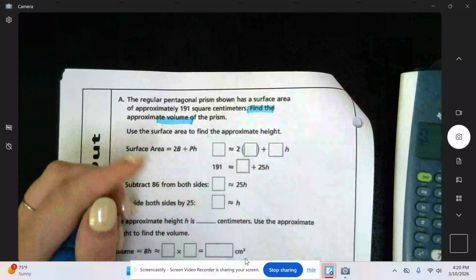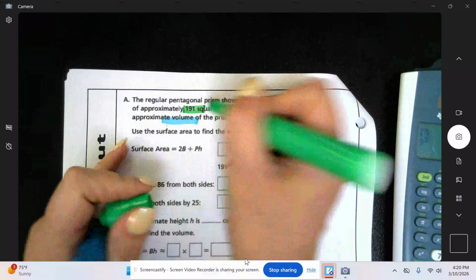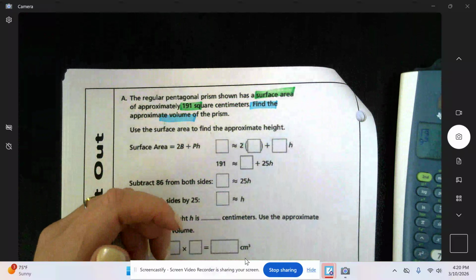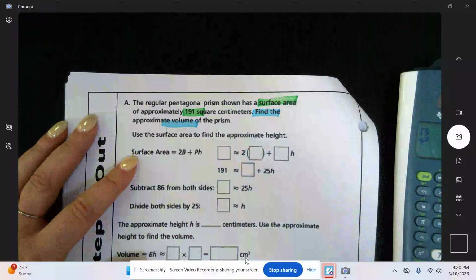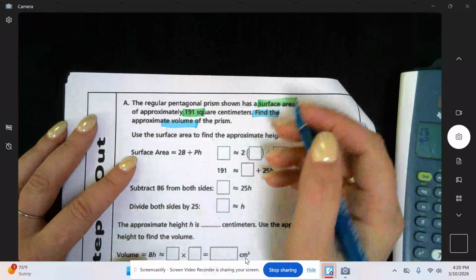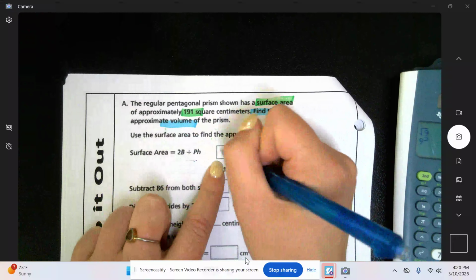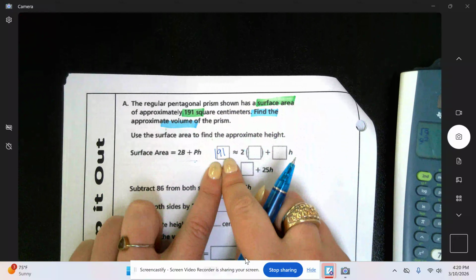The key information that we have here is that the surface area is 191. So we can use the information from the figure and from our problem to find the volume. If we take our surface area formula and plug in what we know, we're going to replace surface area with 191.